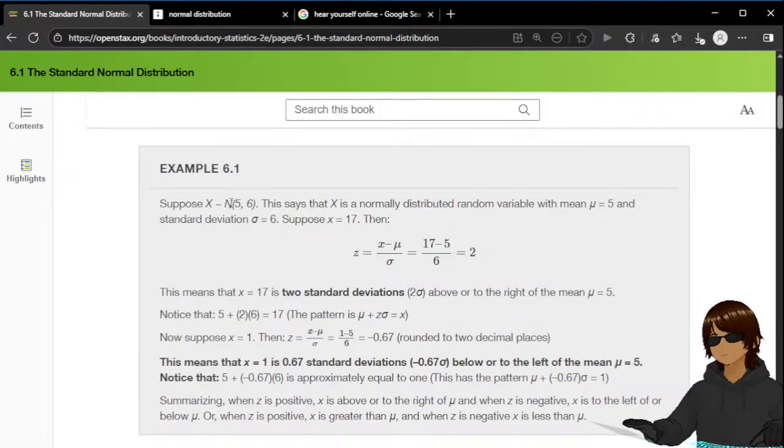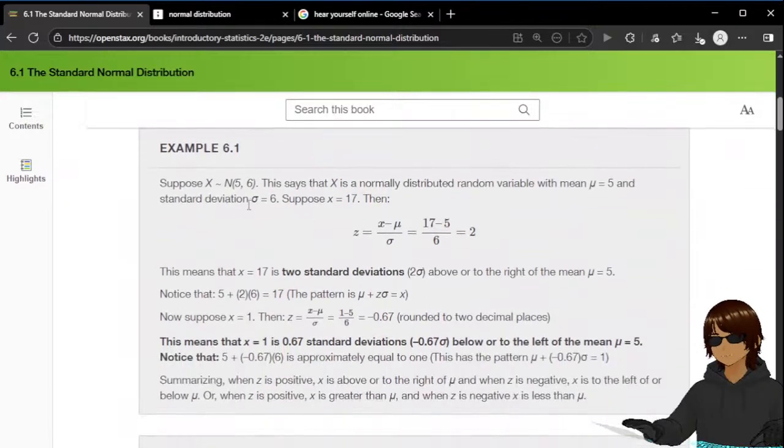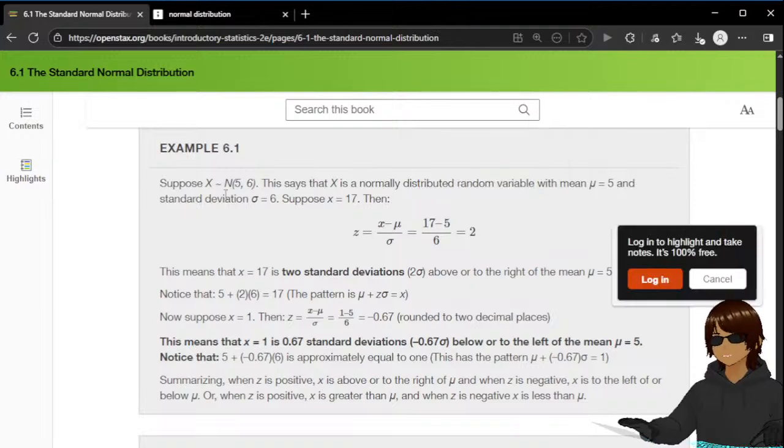Suppose x is distributed by a normal curve with mean 5 and standard deviation 6. Oh, wait, this says that x is a normally distributed random variable with mean 5 and standard deviation 6. Suppose x is 17, then the z-score is 2.